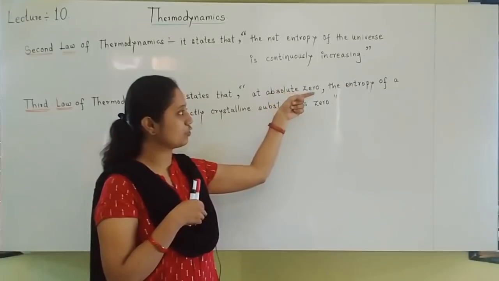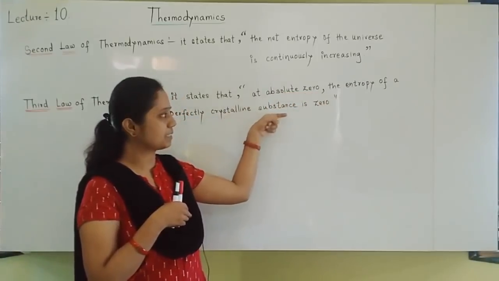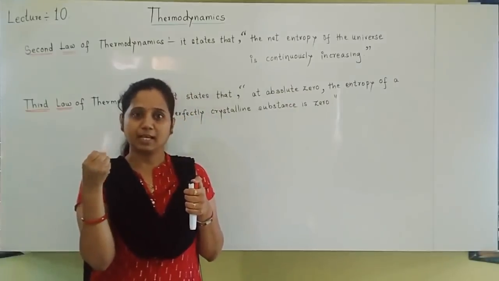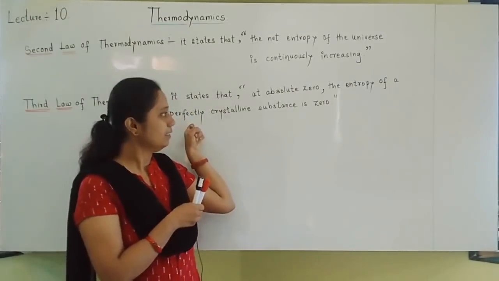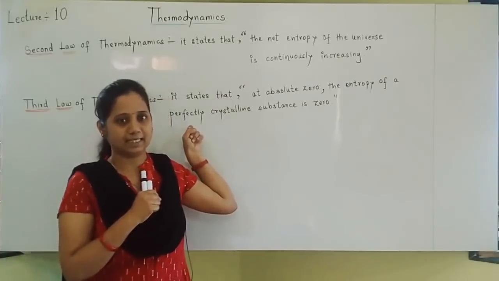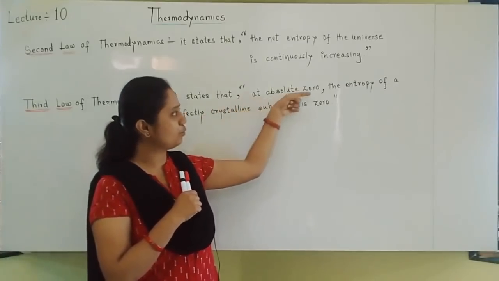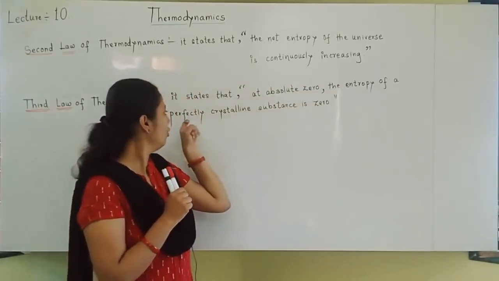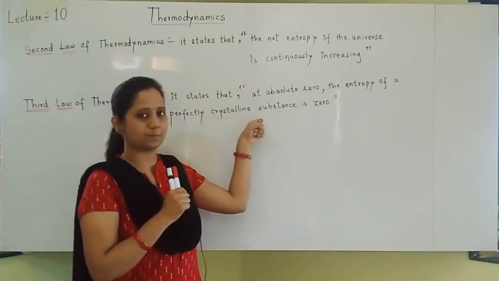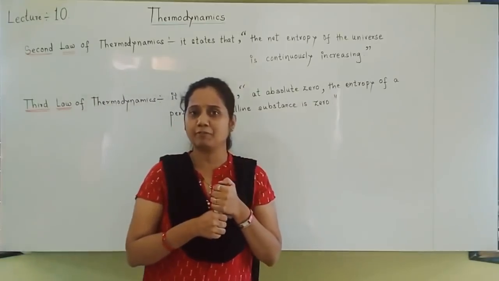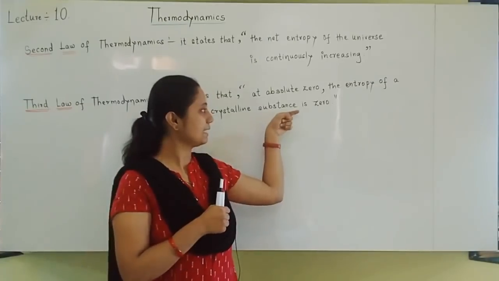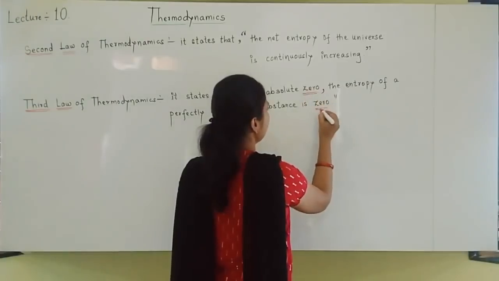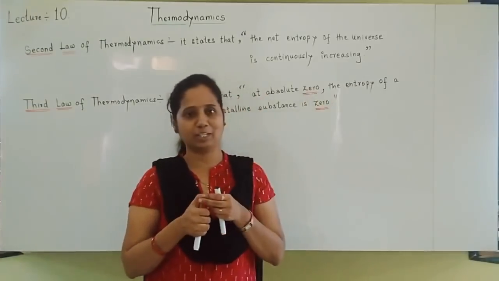At such a low temperature, the entropy of a substance will be zero, because that substance will freeze, and you know that in the solid state minimum entropy is there. So at absolute zero temperature, the disorderness of a perfectly crystalline substance will become zero. So remember these two zeros in our third law of thermodynamics.